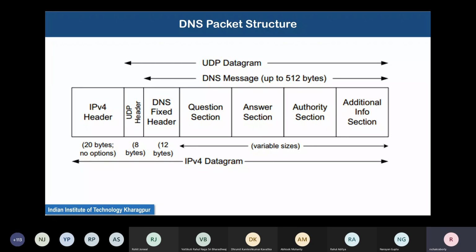Most commonly up to 512 bytes, and this very comfortably fits within a UDP datagram, which is usually up to 4096 bytes. The IP datagrams can be larger, and TCP segments might be of different size, but this UDP datagram is 4096 bytes. 512 bytes, as you can guess, very comfortably sits in this.